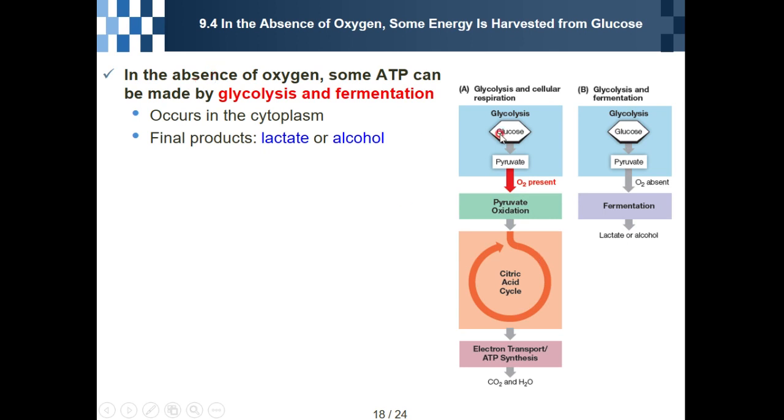So in the absence of oxygen, even though there is no oxygen, some ATP can be made by glycolysis and fermentation. These two steps occur in the cytoplasm. Glycolysis occurs in the cytoplasm, but pyruvate oxidation, the citric acid cycle, and electron transport and ATP synthesis occur where?